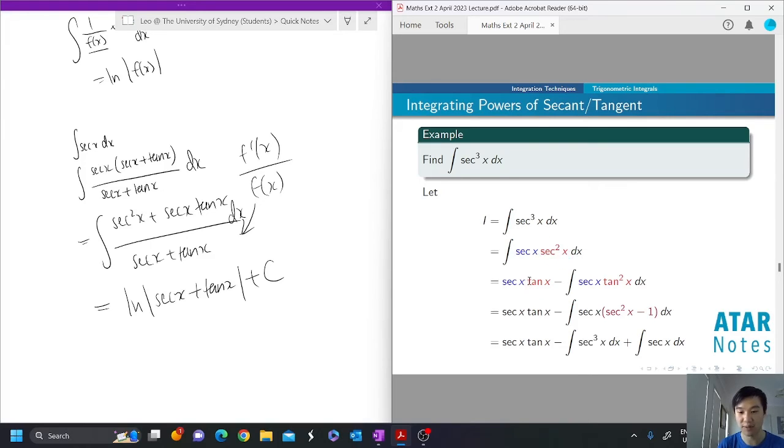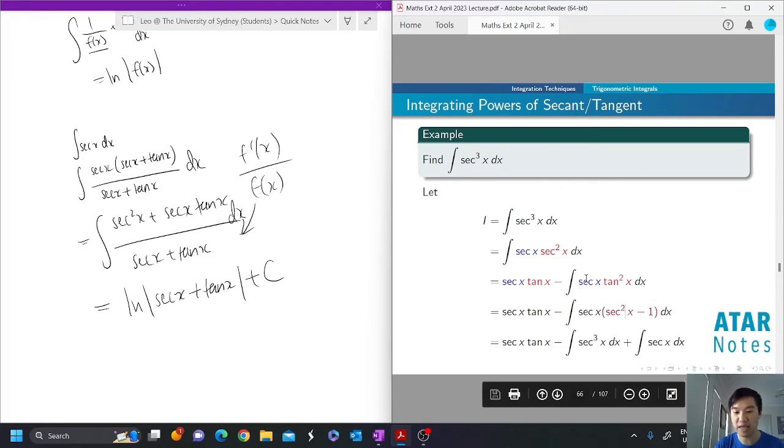When we integrate, it will become tan x. And with sec as our u, the u dash of sec is sec x tan x. So you can apply that, and it will be sec x tan x times tan x. Then you can keep doing that.